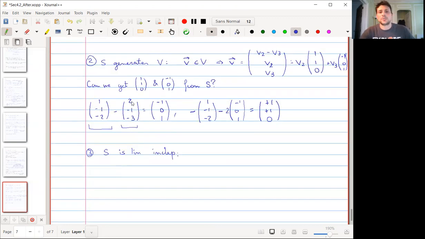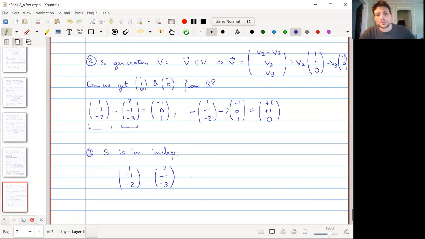The last check that we need to make is linear independence. And for this, we want to write 0 as follows. Well, these are two vectors, 1, minus 1, minus 2, and 2, minus 1, minus 3. Two vectors are linearly dependent only if one is a multiple of the other.